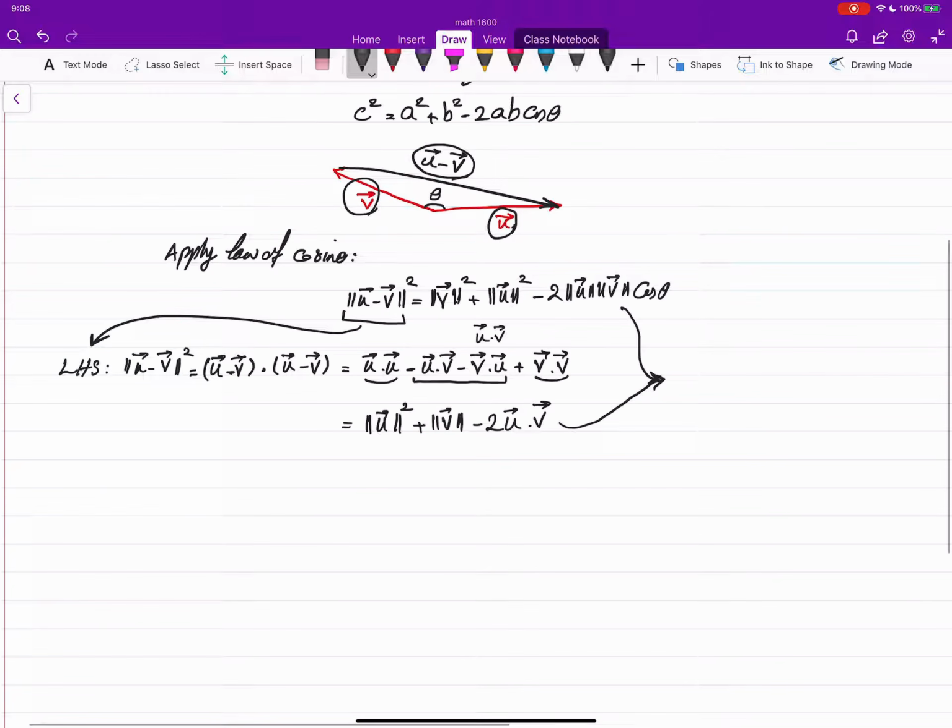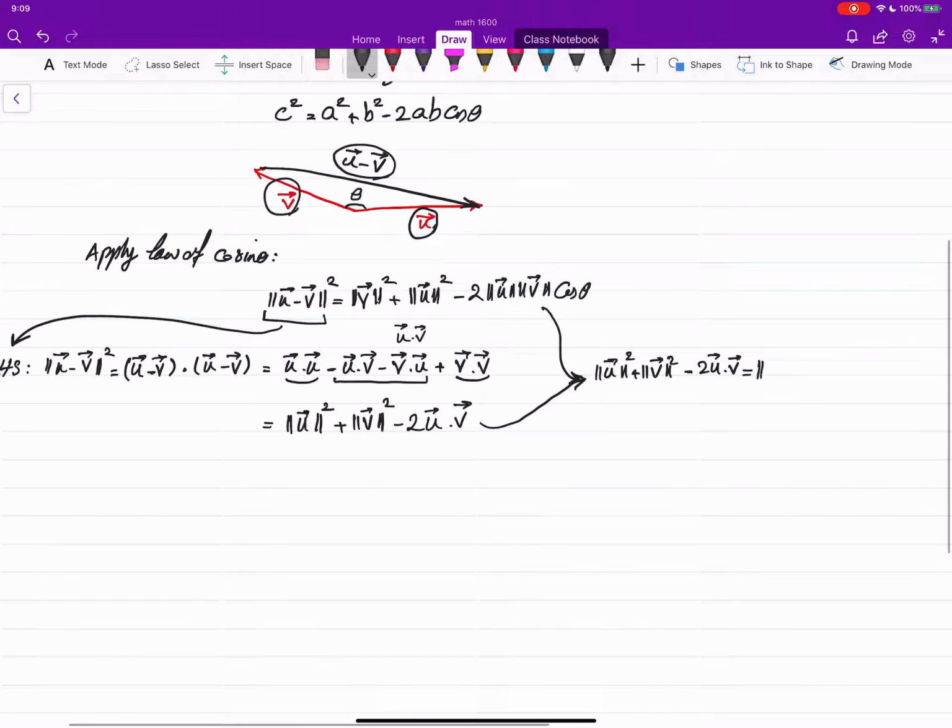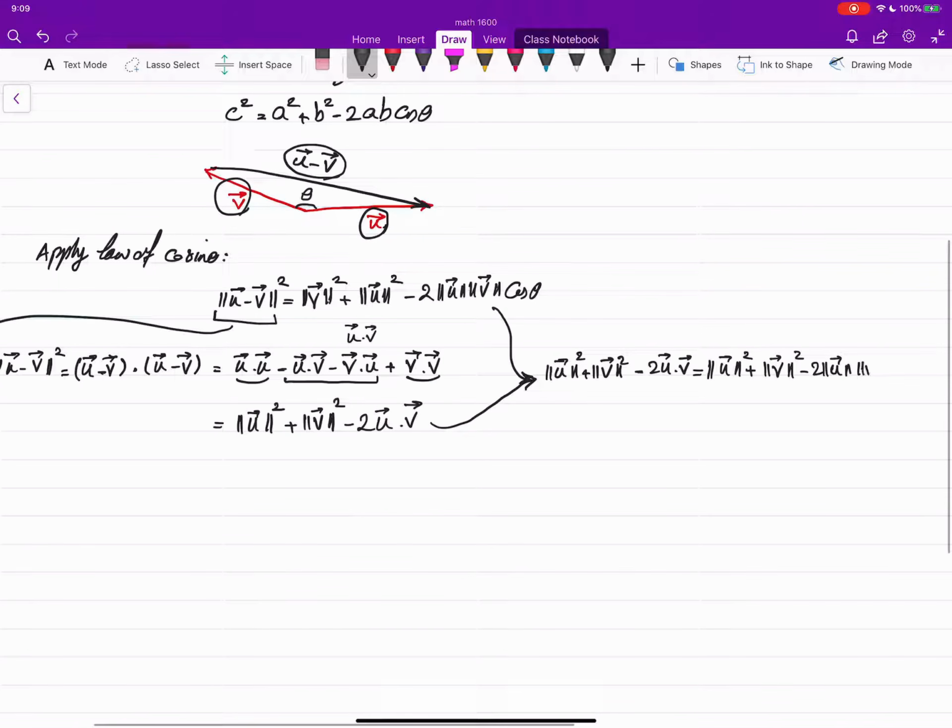And the result is that length of u squared plus length of v squared, well, I forgot to put the square there, so these are squared, minus 2u dot v is equal to, let me go a little bit further, length of u squared plus length of v squared minus 2 length of u length of v, and then cosine theta.